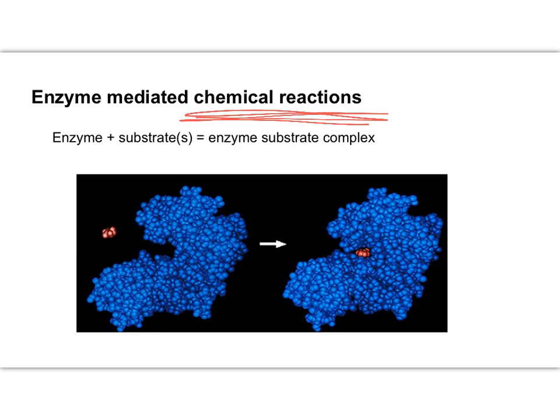When the enzyme and substrate do join together, it's called the enzyme-substrate complex. And the enzyme will adjust its shape a little bit to make sure that it gets a nice, perfect fit. You'll notice here how it kind of closed around. And when that happens, that is what's called our induced fit. So we induced a perfect fit. We caused a perfect fit.